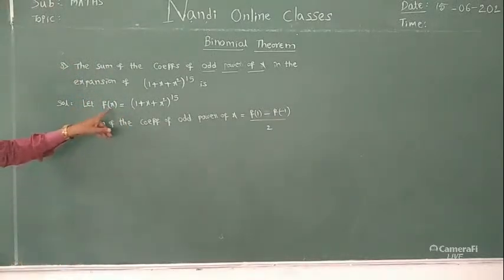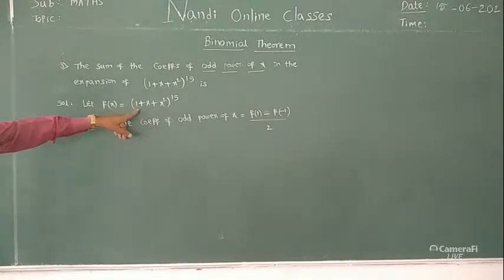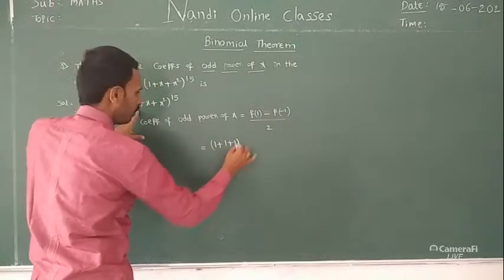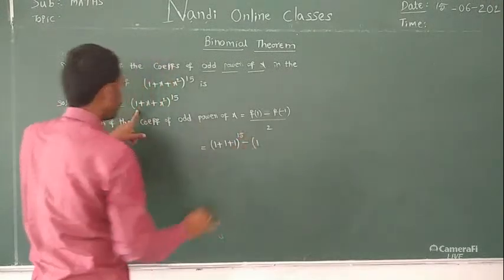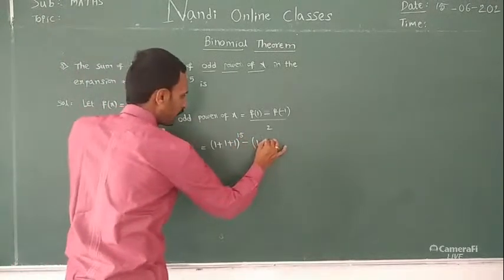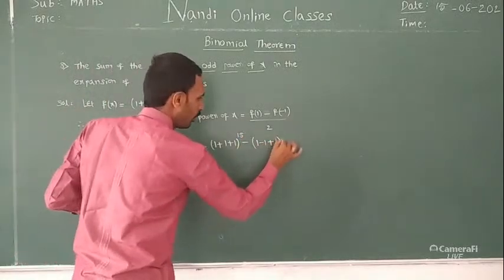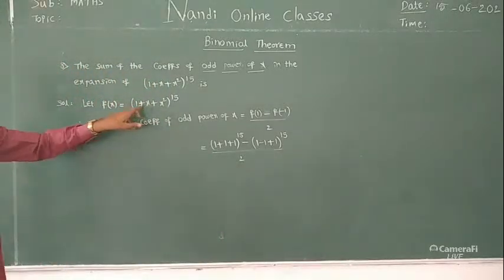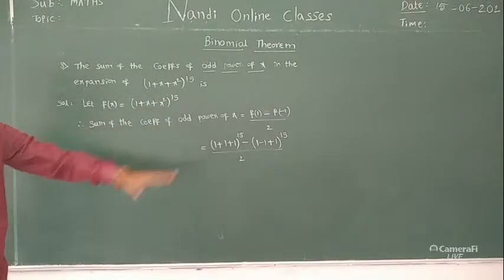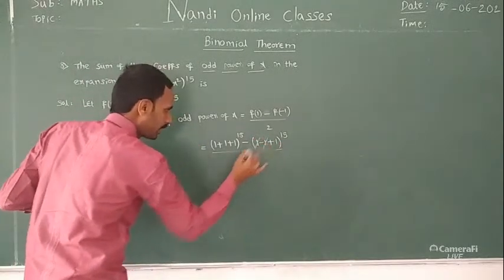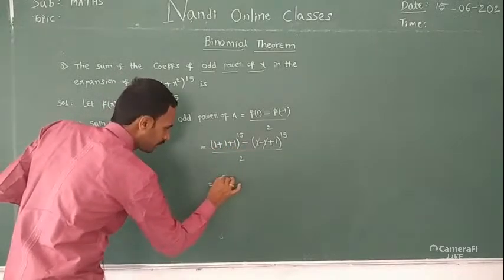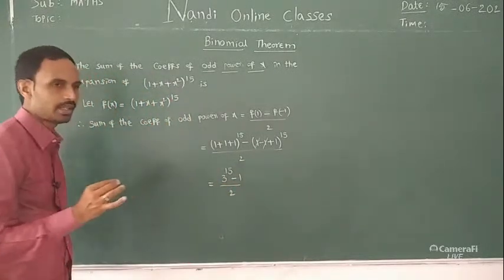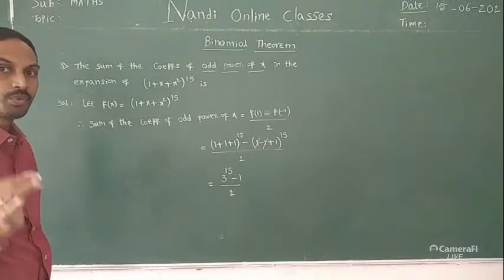Put x value 1: (1 + 1 + 1²)^15 minus, put x value −1: (1 − 1 + (−1)²)^15, whole divided by 2. Put x value −1, (−1)² is 1. Here +1 and −1 cancel. So 1 + 1 + 1 is 3, 3^15 minus 1 to the power anything is 1, divided by 2. Okay, that is the sum of coefficients of odd powers of x.